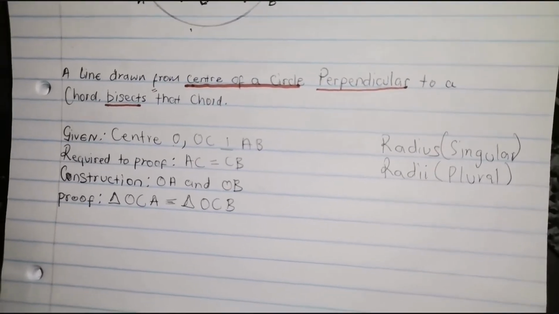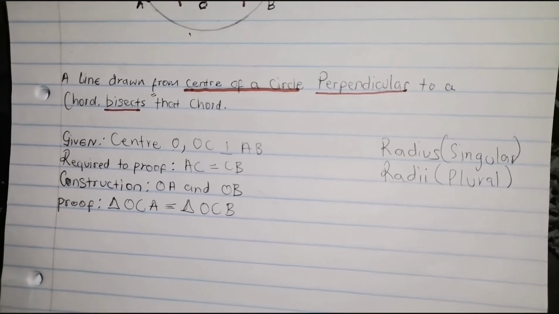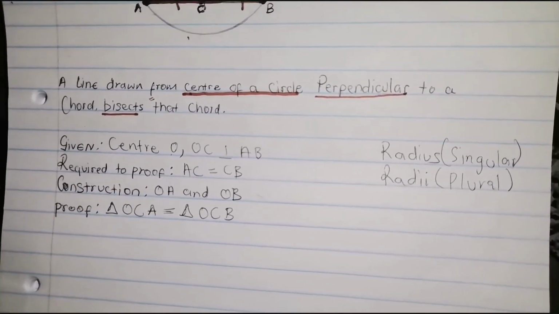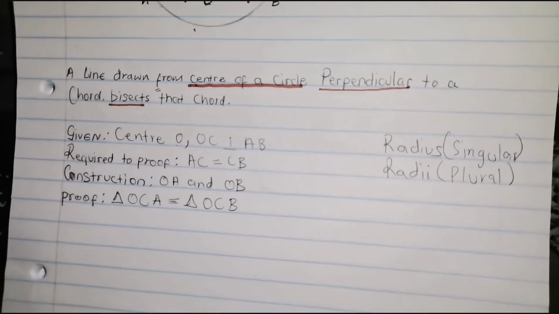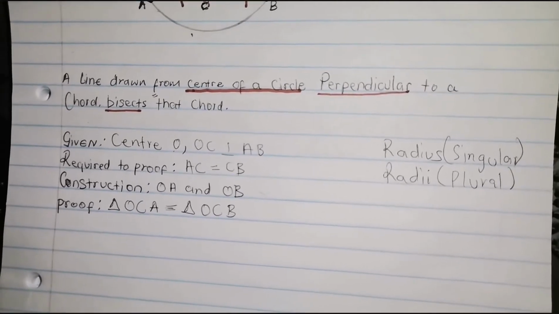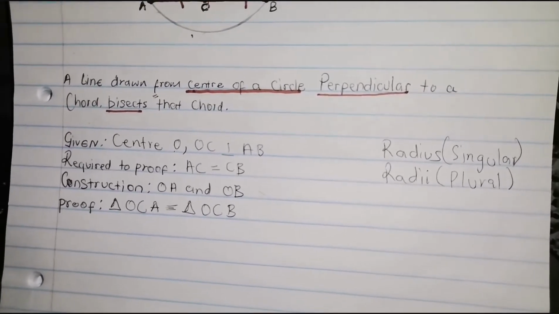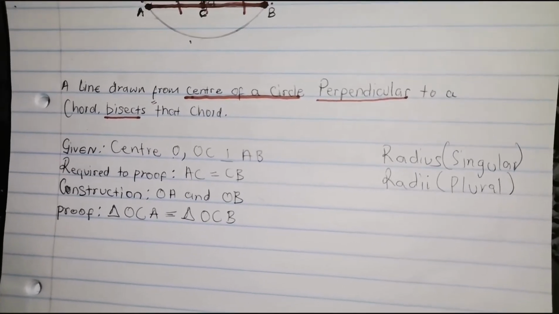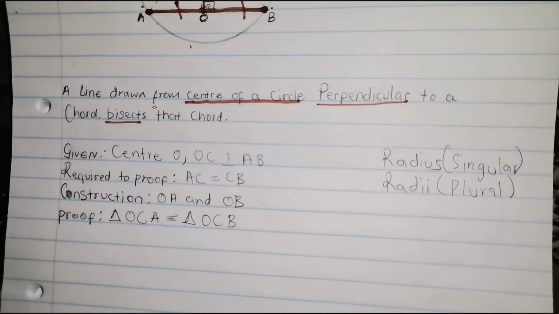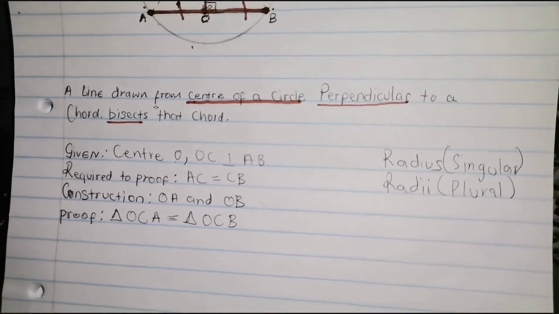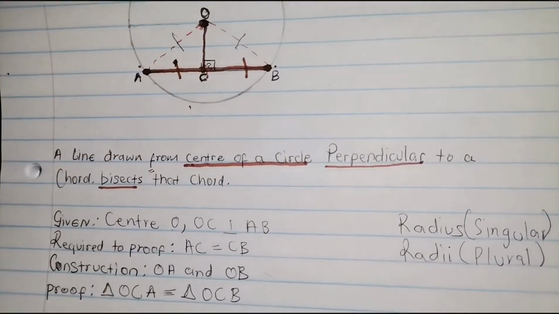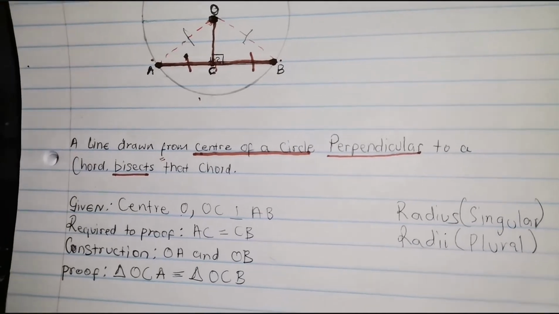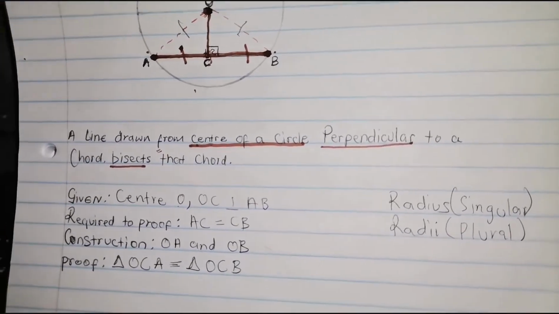For you to successfully prove congruence, you need to know in which situations in triangles we are required, or able, to prove congruency.